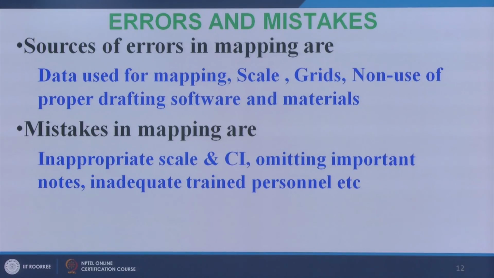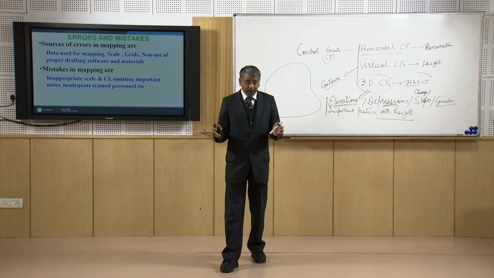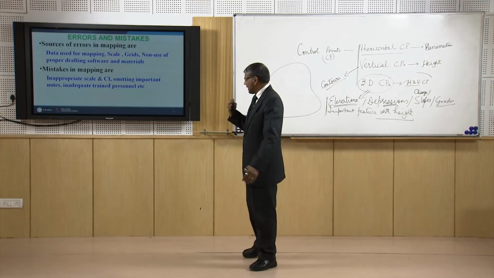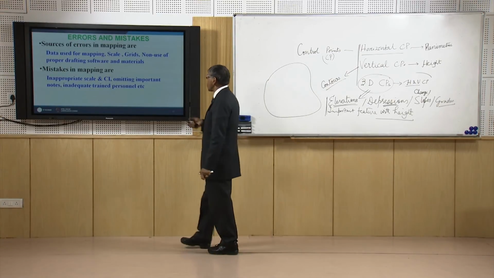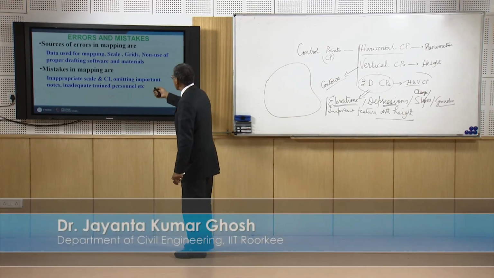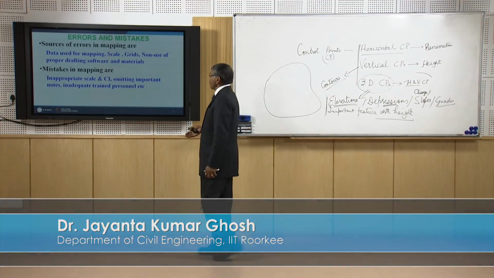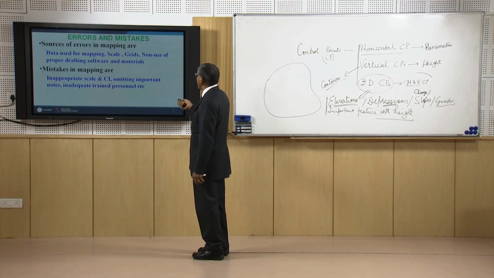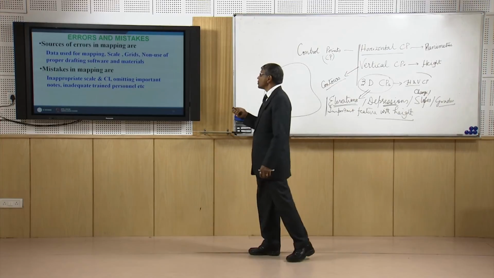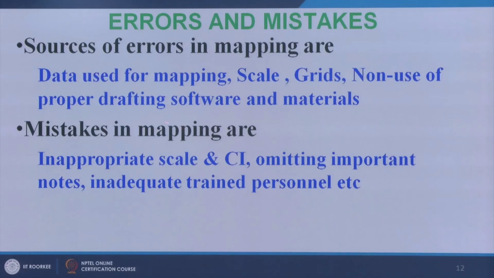There may be errors in the data used, or the scale we are using may not be appropriate, so we have to take care of that. We prepare grids before laying the planimetric position, so the grids should be made highly accurately, and sometimes there may be errors in non-use of proper drafting material and software.